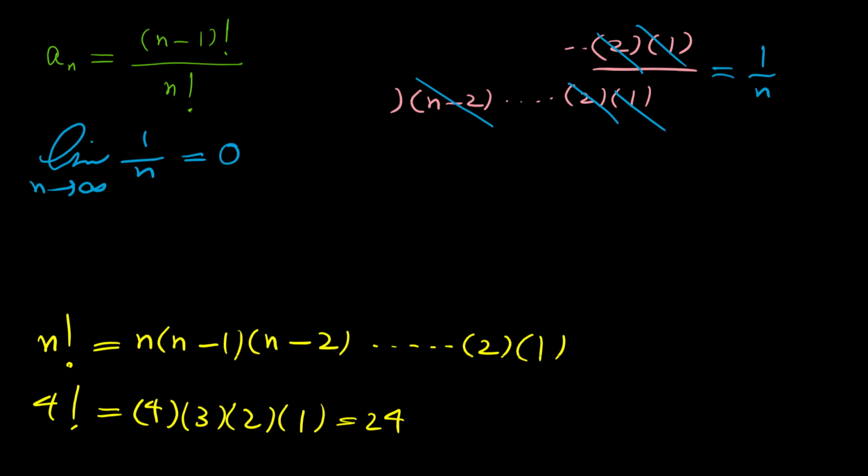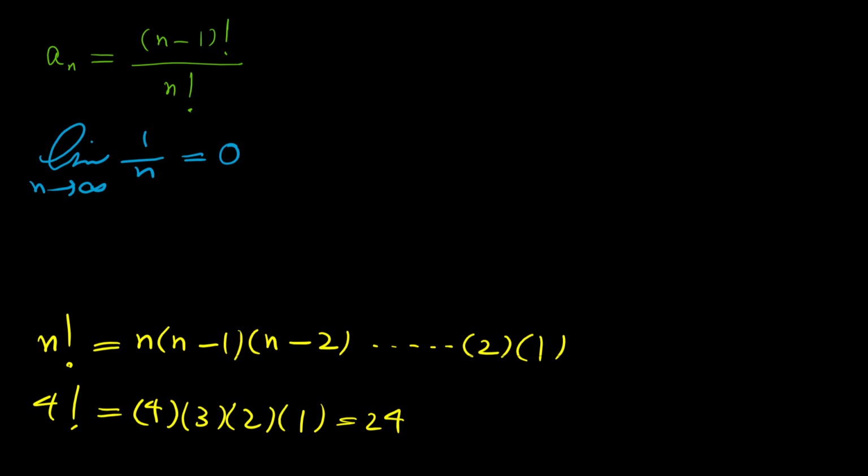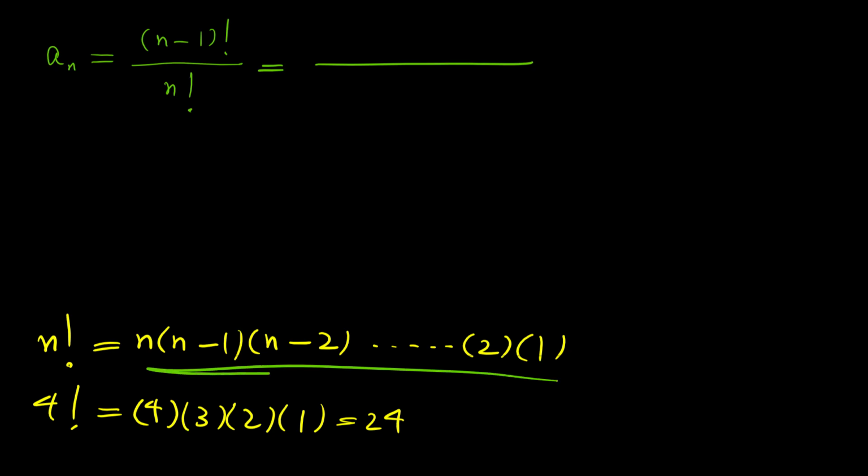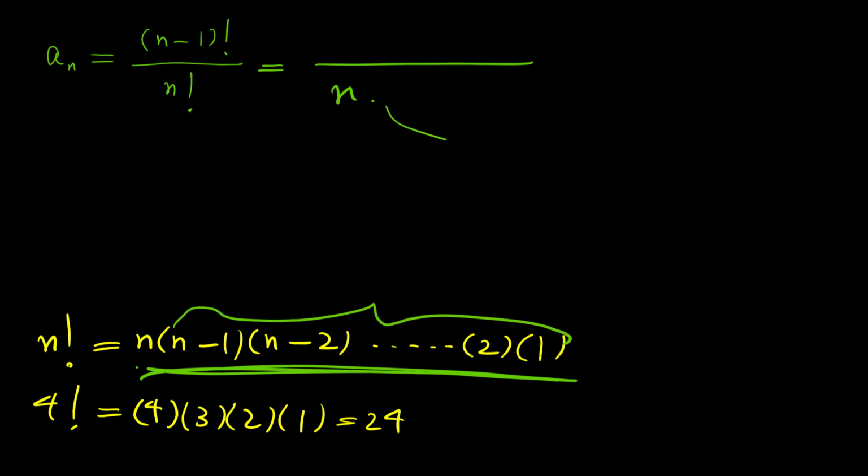Let me erase this, because the way that I simplified this expression is not a very good way. Please pay attention. n factorial, which is in the denominator. Yes, n factorial is this. But is it really necessary to open n factorial in this way? No. The better way is to write n factorial as n times, and we want to write all of this here.